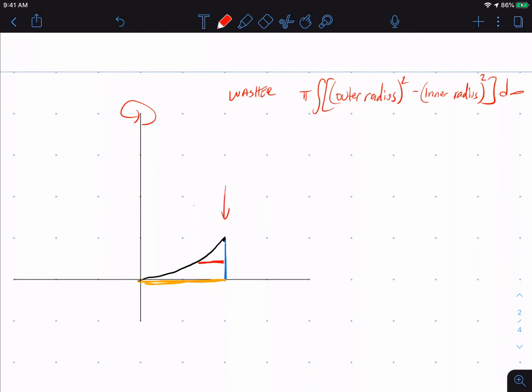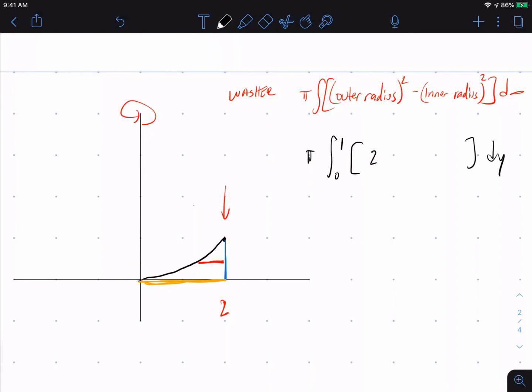Now, the outer radius, this would be 2, right? The integral is going to go from 0 to 1, and that's because we're doing it in terms of dy, because we're going to cross the y-axis, correct?